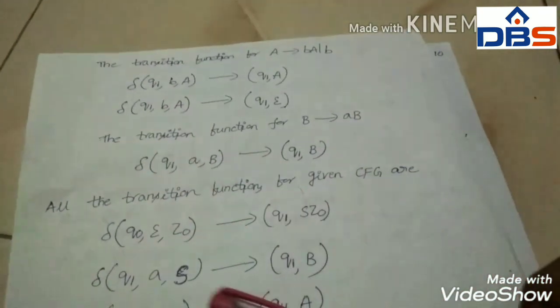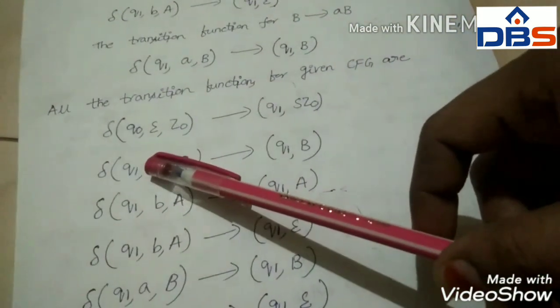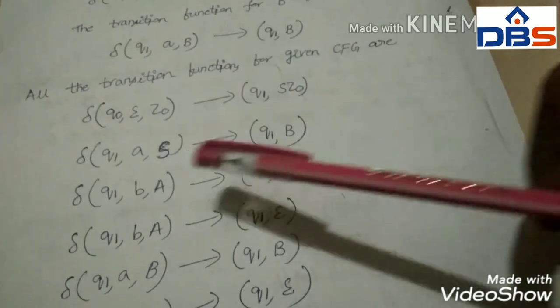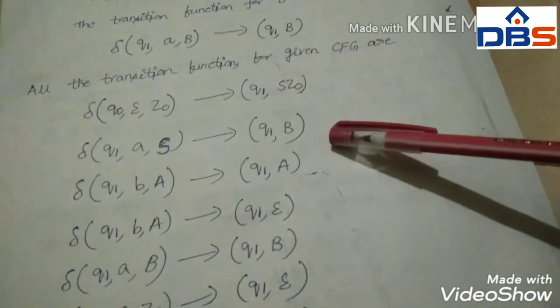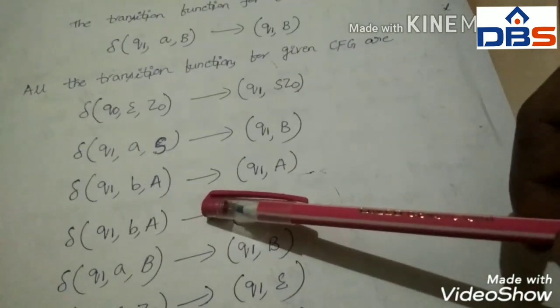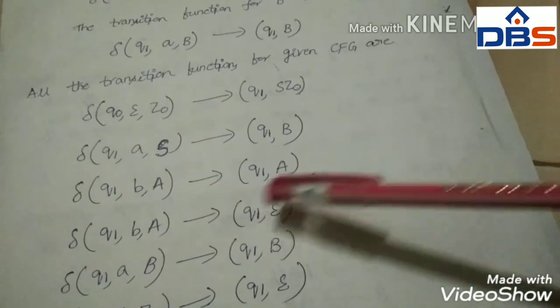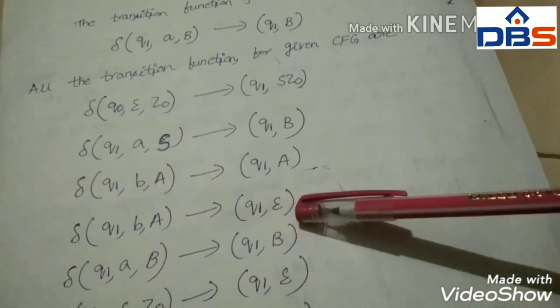Now all the transition functions for the given CFG are like this: delta of q0, epsilon, Z0 tends to q1, S Z0; S tends to AS; B, the next state; A tends to BA or B; and epsilon.